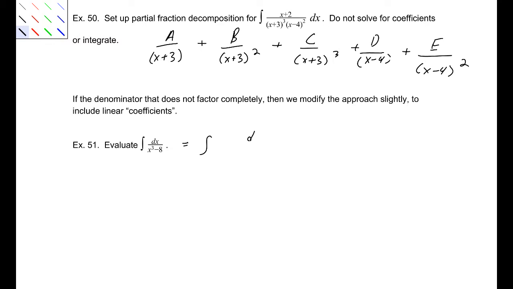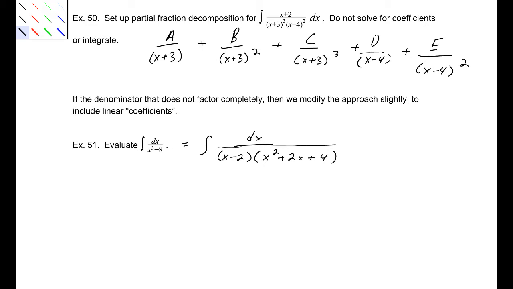I'll keep my dx in place. This will be a difference of cubes, so x minus 2, x squared plus 2x plus 4. And how this differs is because the x squared plus 2x plus 4 does not factor anymore. It's prime at that point over real numbers.